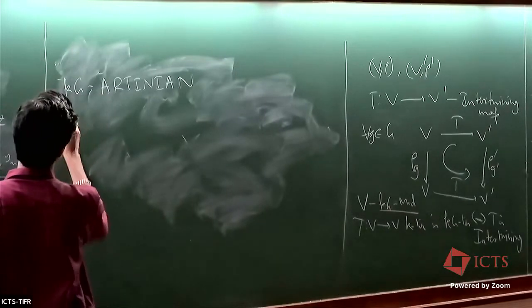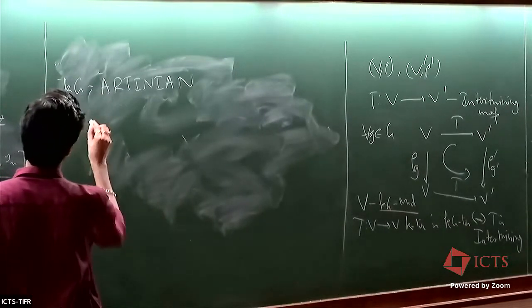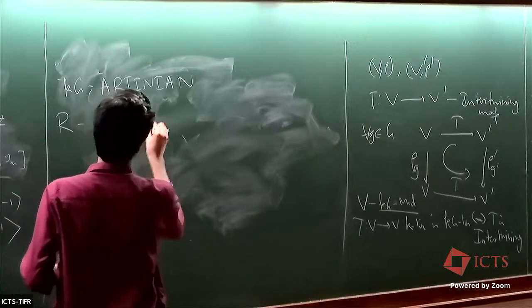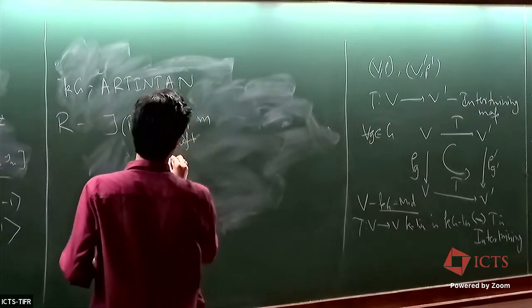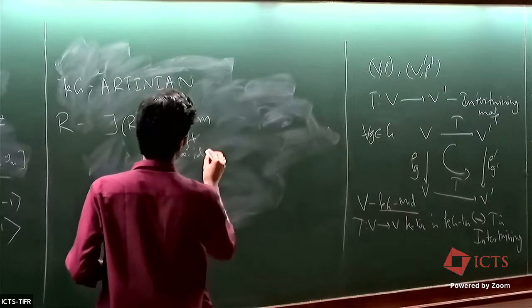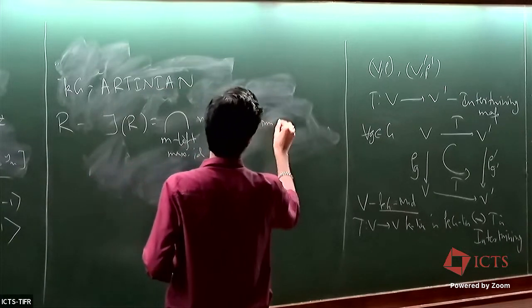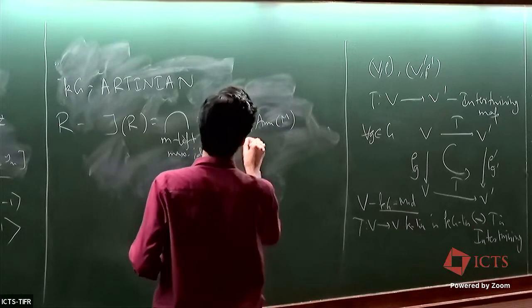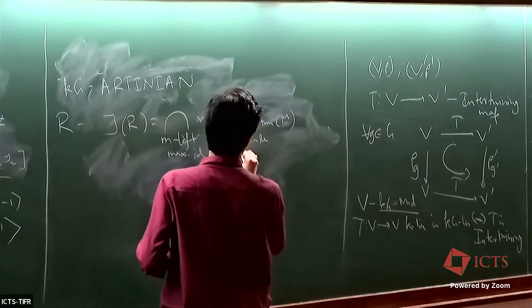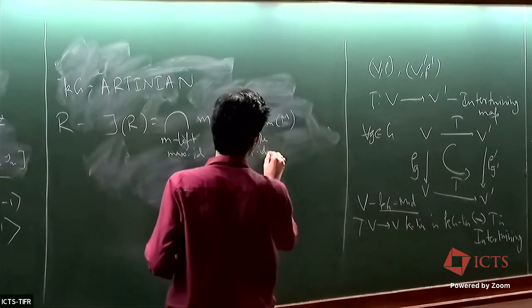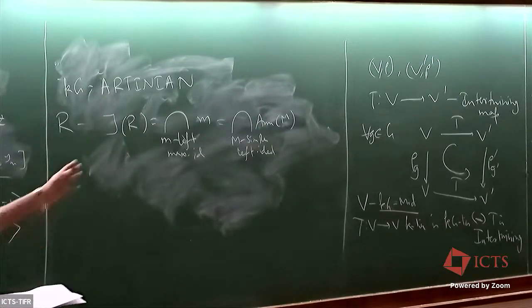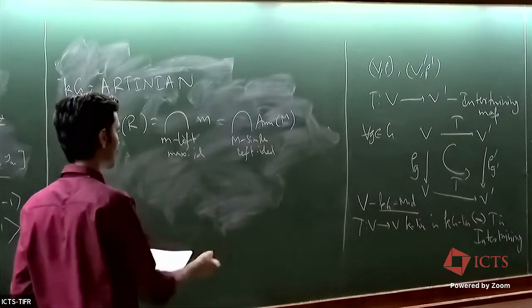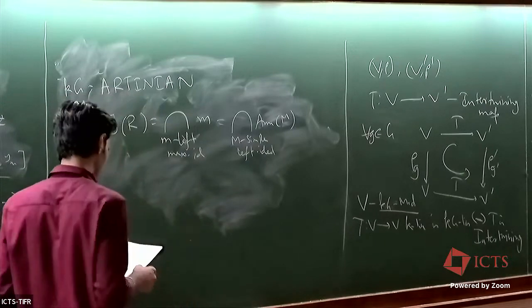Now recall that for a ring R, maybe non-commutative, by the Jacobson radical, we mean the intersection of left maximal ideals, which coincides with the intersection of annihilators of simple left ideals, and thus becomes a two-sided ideal, which will again be equivalent to the intersection of all right maximal ideals. So I'm not going into that.